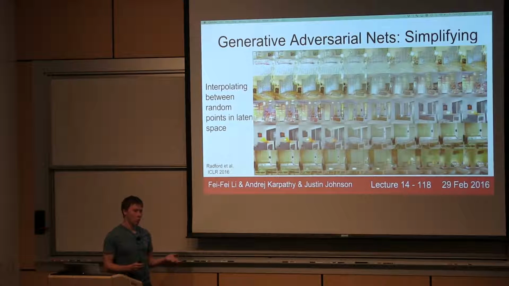Here, remember, we're just sampling from noise and passing that through the generator. The generator has decided to use these different noise channels in nice ways, such that if you interpolate between the noise, you end up interpolating between the images in a nice, smooth way. So hopefully that lets you know that it's not just memorizing training examples, it's actually learning to generalize from them in a nice way.